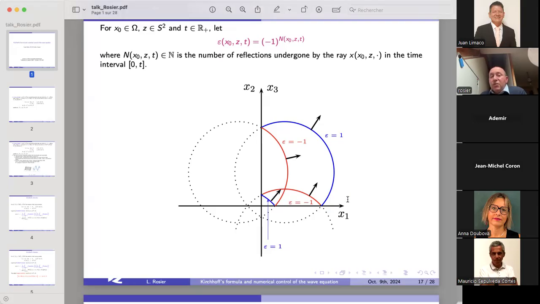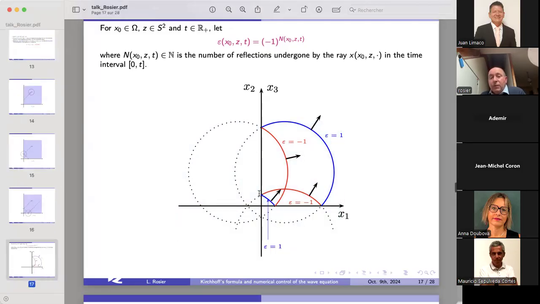If you look at this picture, in this half space at the beginning there is no reflection, so epsilon is 1. Here you have one reflection in red, so epsilon switches to -1. But also here we have -1. And here you have another reflection, a second reflection. So on this part epsilon again is 1, and so on.